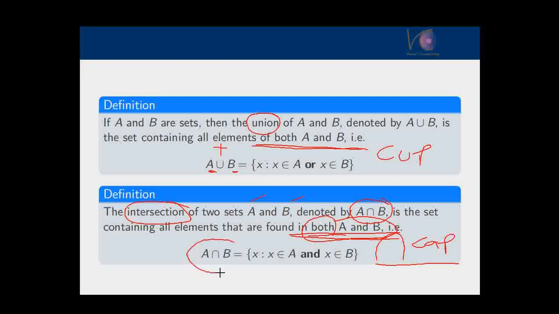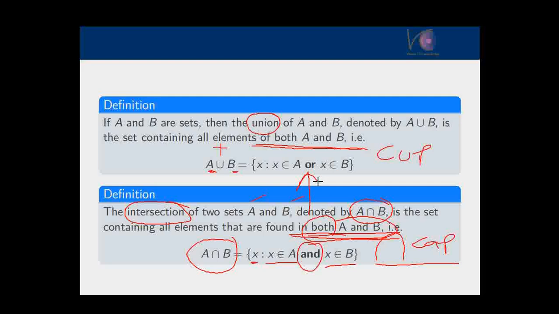So this is your third set, A intersection B. This set has an element x, such that x should be in set A. And again, this is the keyword you should take note of: and this element should be in B. Unlike where we were saying or.